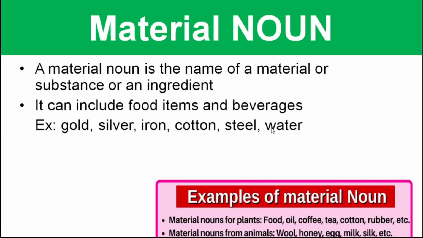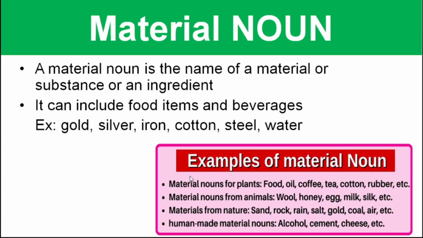Look at another classification. This will help us to understand more about the material noun. These are the examples of the material noun. How can we divide them? Material nouns from plants, material nouns from animals, materials from nature, and human-made material nouns.